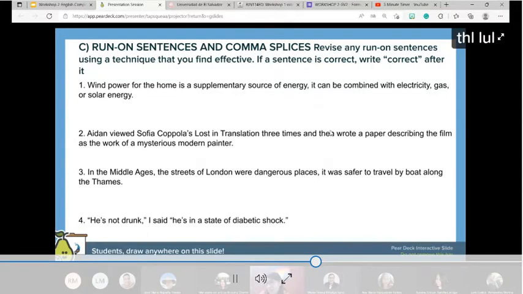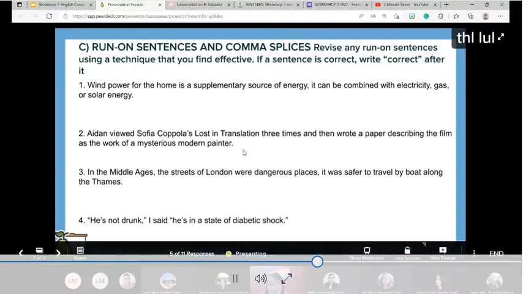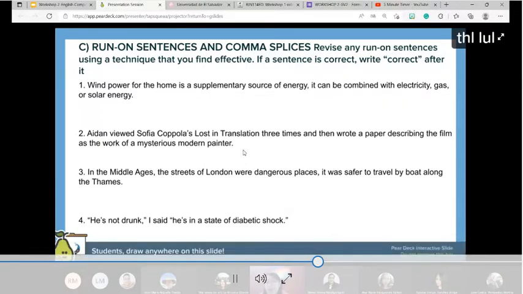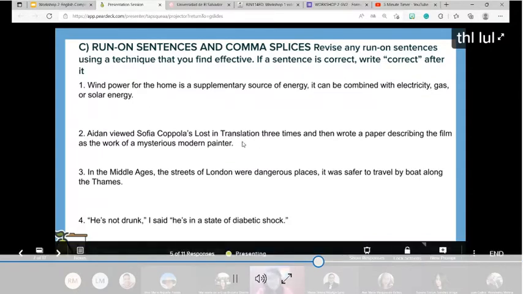That we write first, then we add a comma, and then we write the whole instruction. 2 or second, and then, instead of saying 3 or the third step, we go to then. Well, when we have then, we do not use a comma. So this one is correct. Aidan viewed Sofia Coppola's Lost in Translation 3 times and then wrote a paper describing the film. So this one, number 2, is correct.